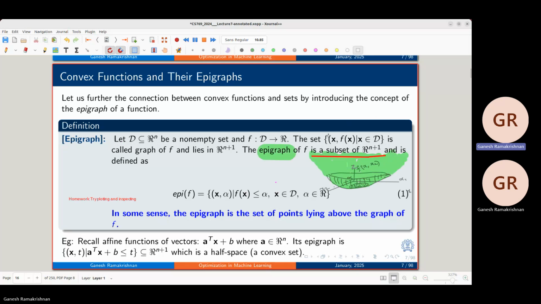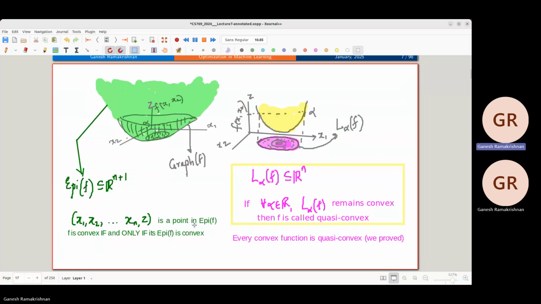Oh, by the way, this is a picture I'm trying to draw on the board, and this will build upon this image, looking at all the points above the graph of the function. As homework, I would like you to try plotting and inspecting not just this, but also what follows in terms of first order properties of these convex functions. Okay, so you can prove that a function is convex if and only if its epigraph is convex.